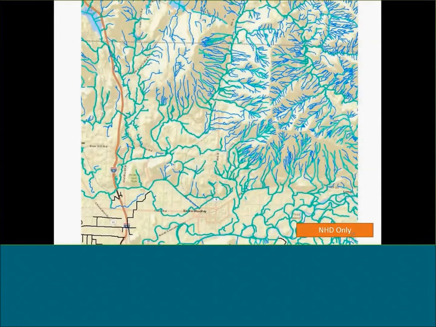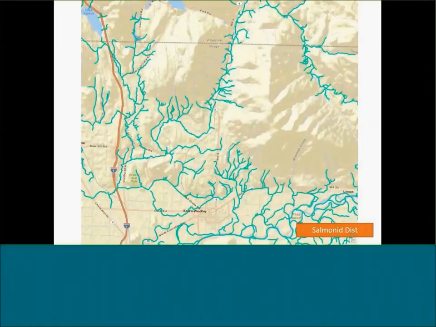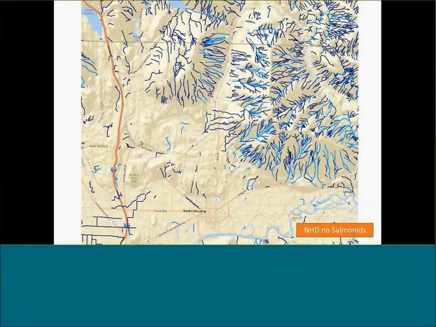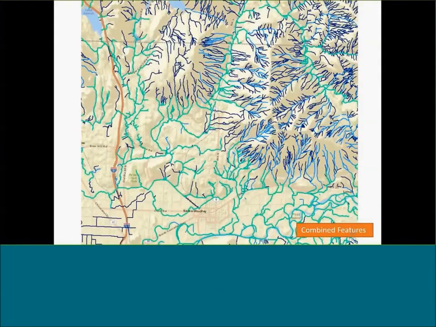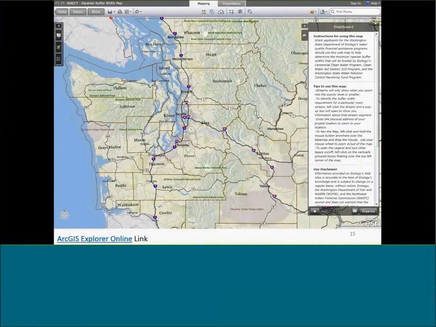This probably took just a few weeks. Dustin Dilhammer, in our water quality program, put this together. This was a map with just the NHD streams, salmon only, and NHD with no salmonids. He combined it together and put it out into an ArcGIS Online map with instructions for grant applicants.